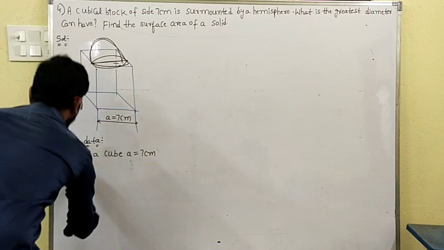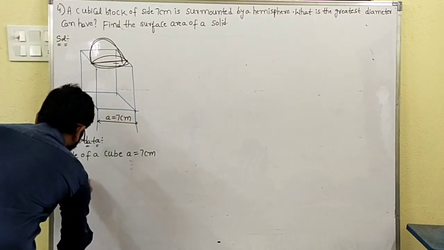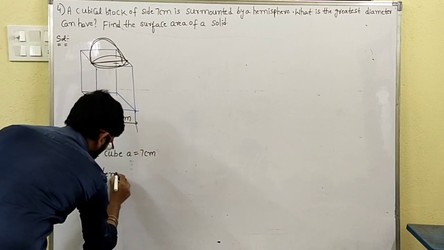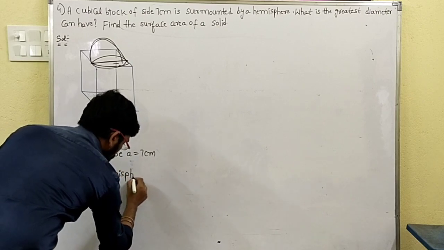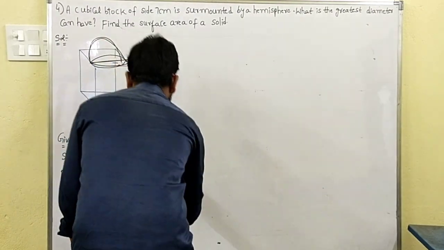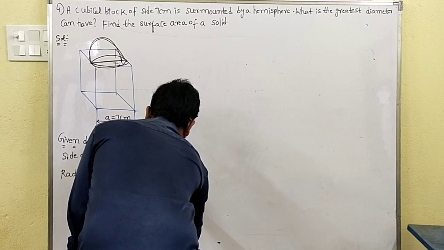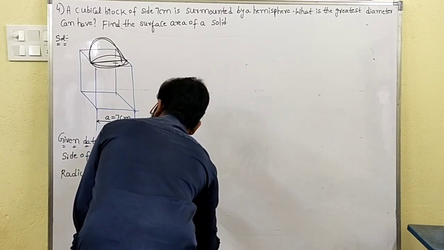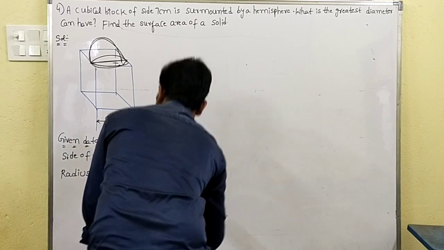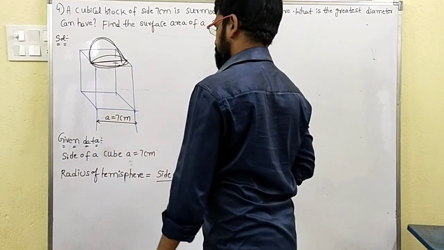Next, radius of a hemisphere is equal to side of a cube by 2. Why? Because the side of a cube coincides with the diameter of the hemisphere.